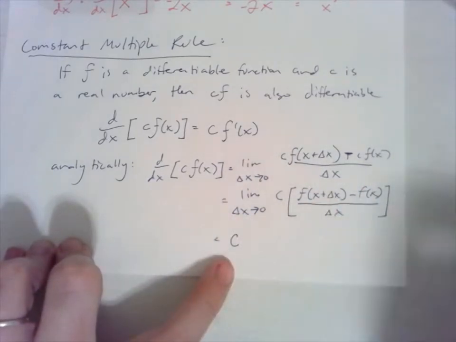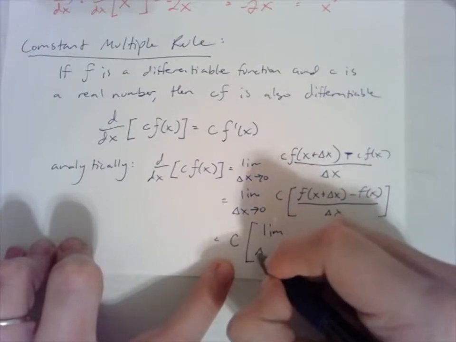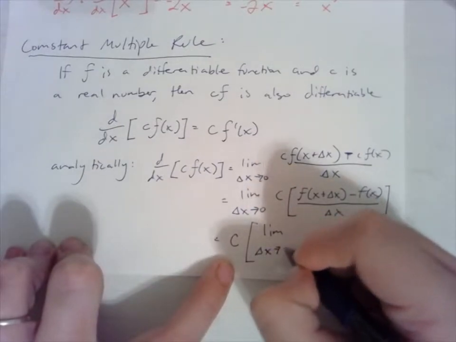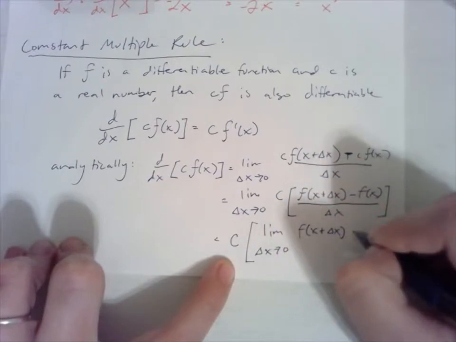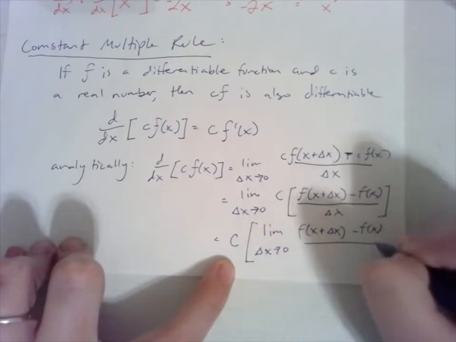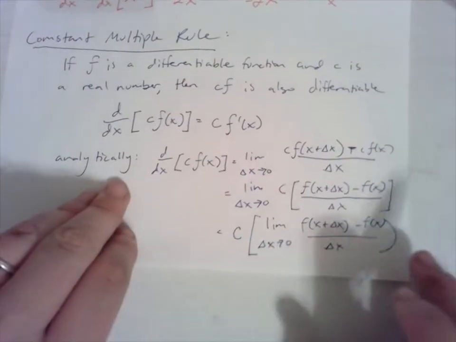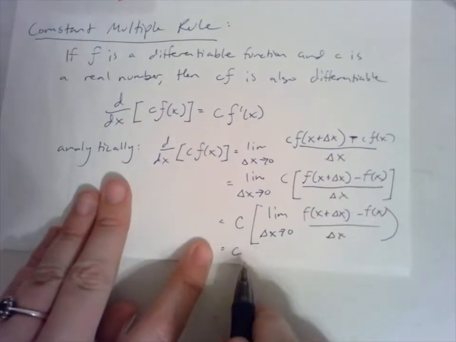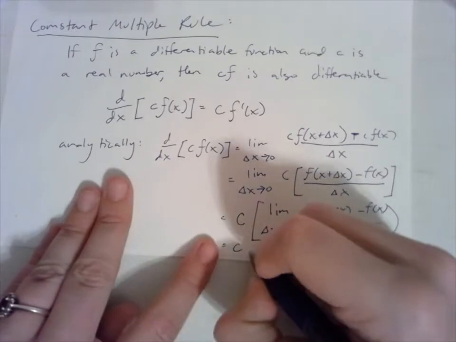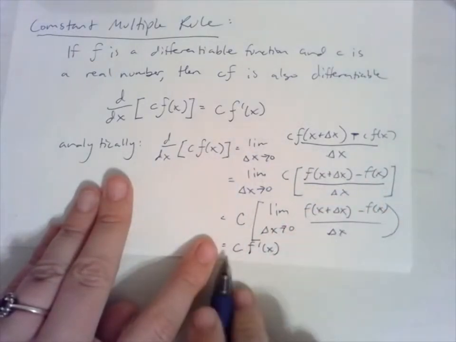So what we have is our c times the entire limit as the change of x approaches 0 of f of x plus change of x minus f of x all over change of x. And pardon me, just really tiny down here, I'm going to write it out finally. What we would end up having then is c times f prime of x.